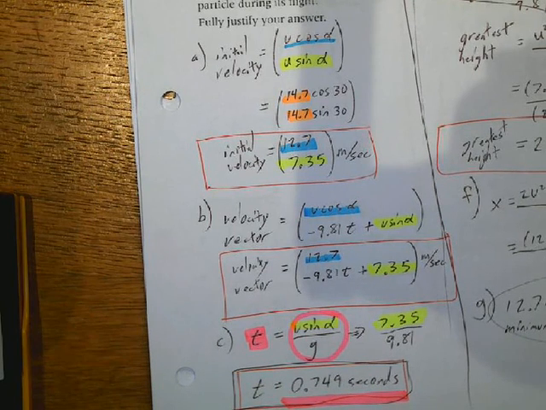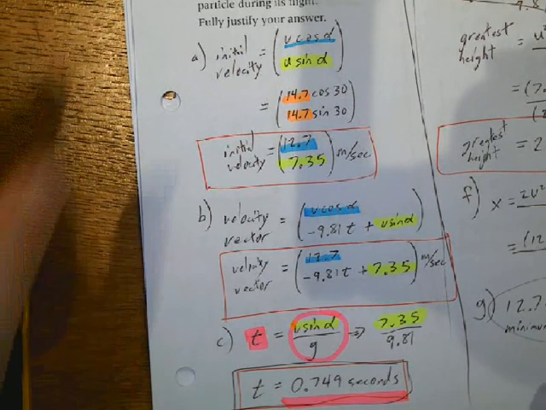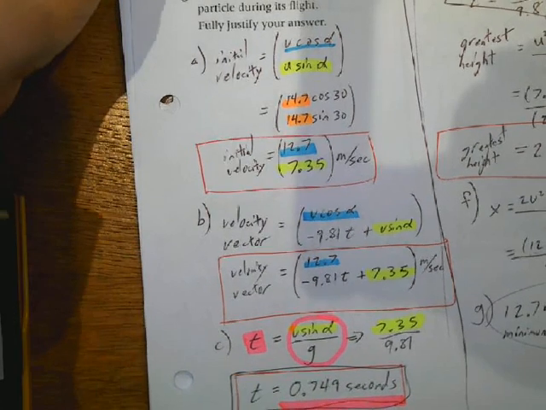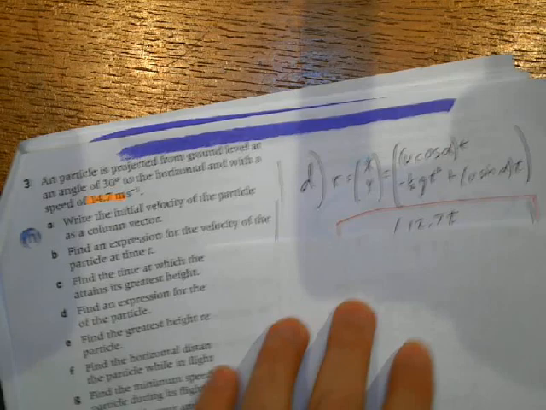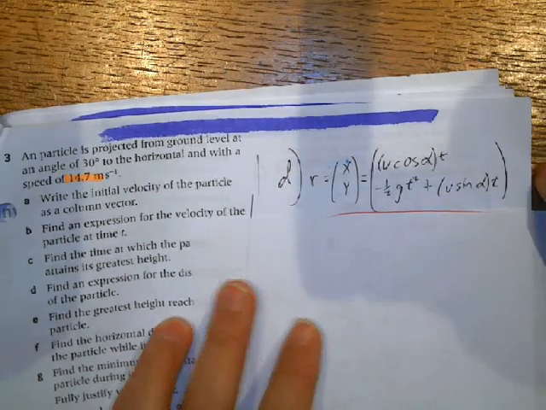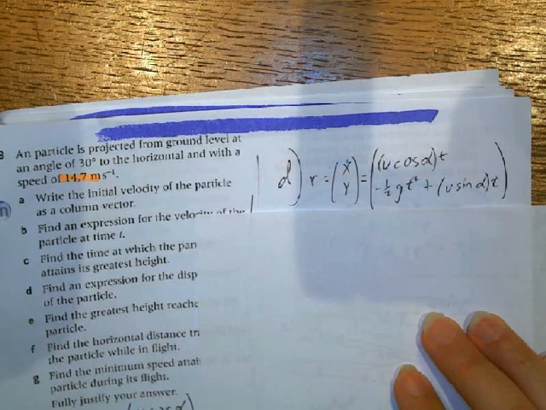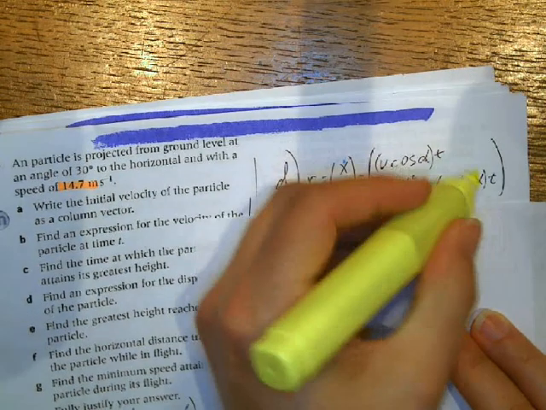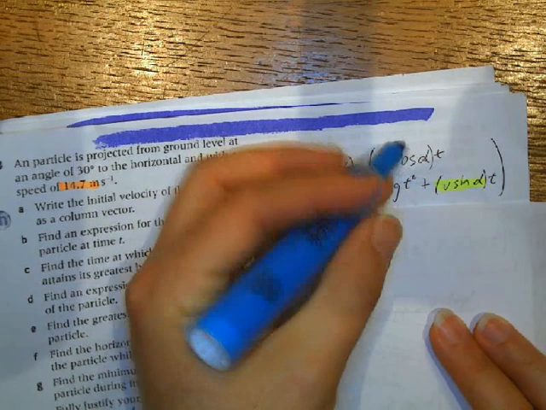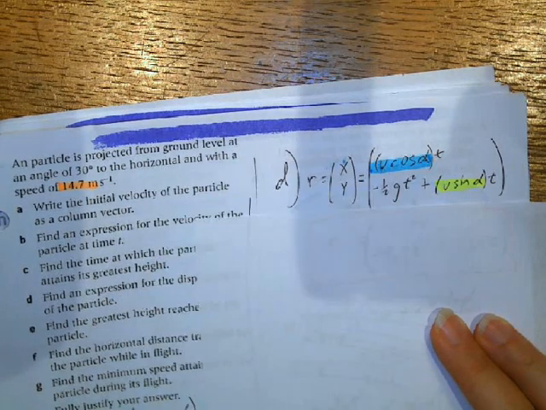Question D. Find an expression for the displacement of the particle. So the displacement of the particle, we use this expression, right? And once again, u sine alpha is 7.35, and u cosine alpha is 12.7.